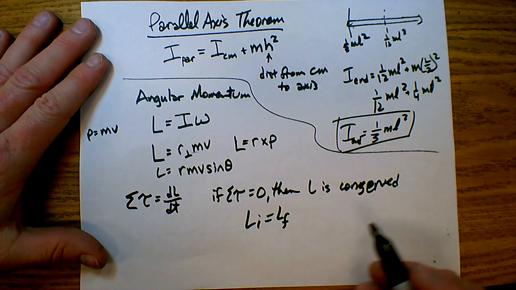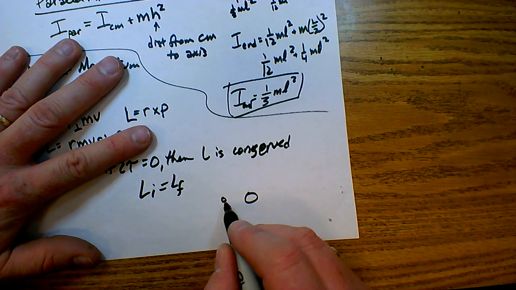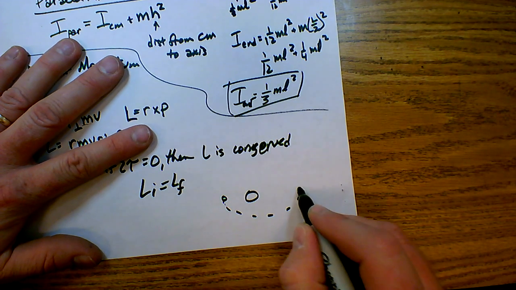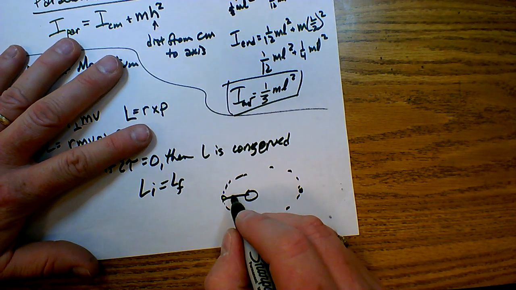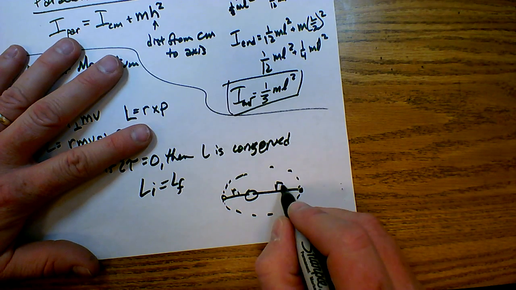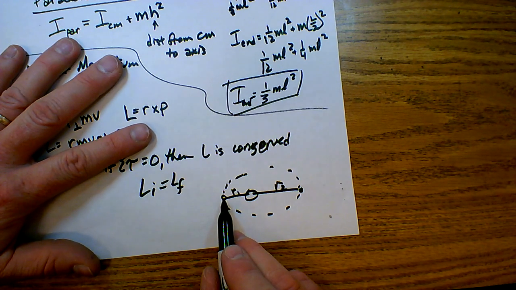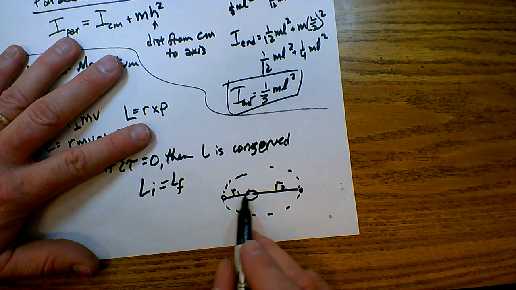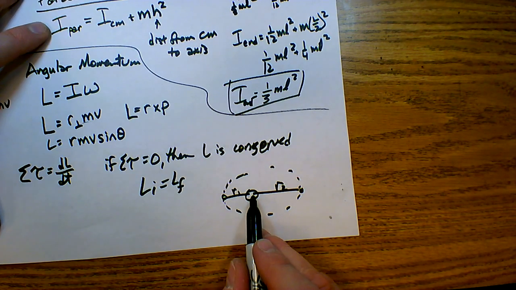A good place to see this is an elliptical orbit problem with, say I've got some kind of a spacecraft or a planet or something orbiting the sun here. And so this is R1 and this is R2. Angular momentum, because the only force acting on the satellite is the force of gravity, and it's passing through the center of rotation there, then there is no net torque.